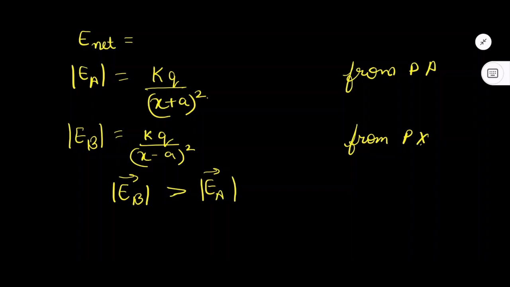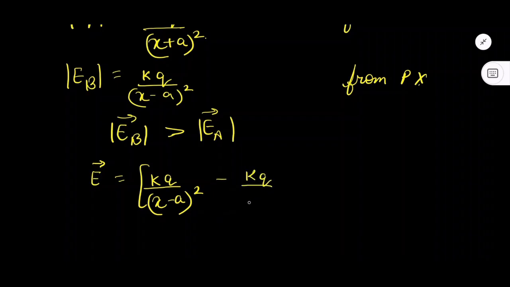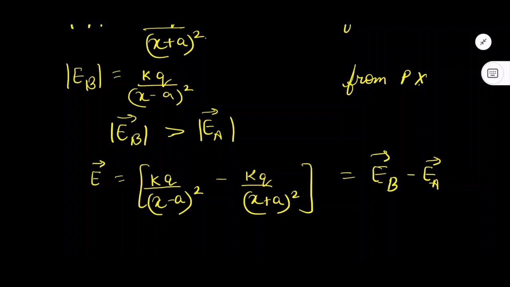Also, the electric fields are acting along the same line but in opposite directions. So for the net electric field including direction, it will be kQ upon (x minus a) the whole square minus kQ upon (x plus a) the whole square. So it is basically the electric field due to B minus A.